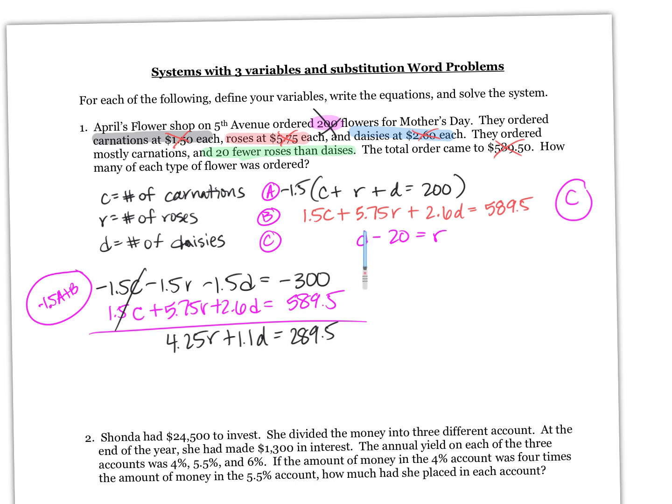Brody, could I do substitution here? Yeah, probably. I don't mind it because my R is already by itself. Could I go plug in D minus 20 right there? Yeah, I'm okay with that. So now I got 4.25 times my D minus 20 plus 1.1D equals 289.5.